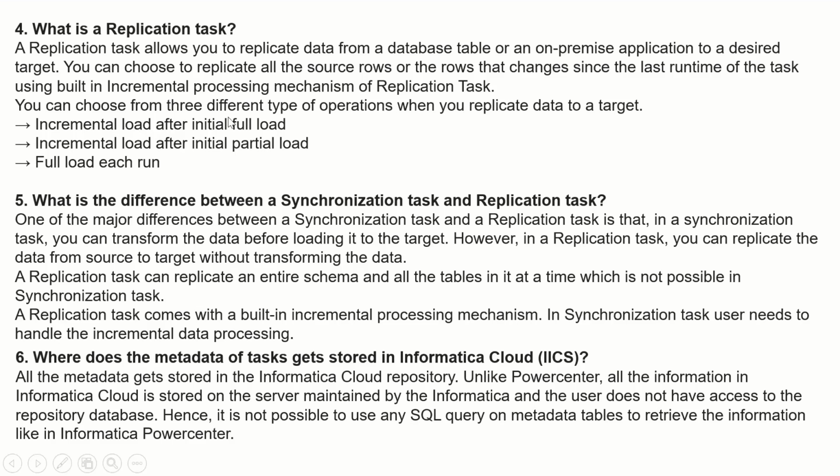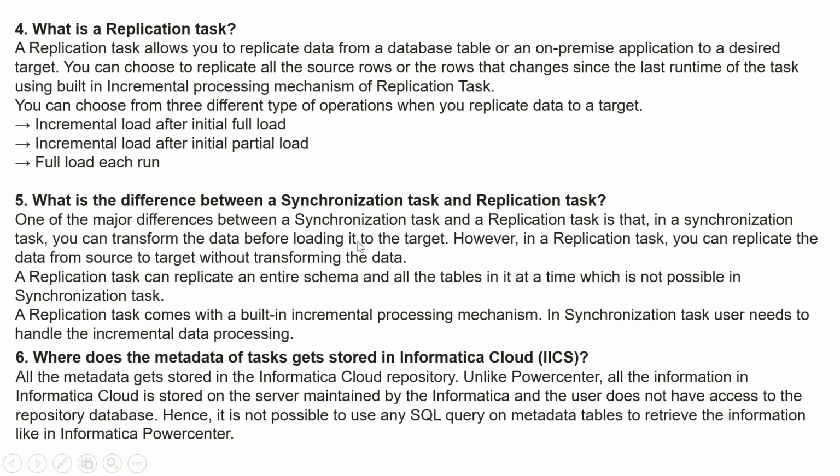You can choose from three different types of operations when you replicate data to the target: incremental load after initial full load, incremental load after initial partial load, and full load each run. These are the options.